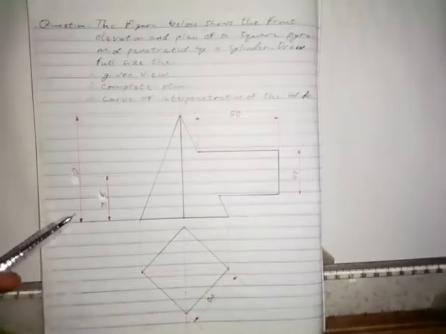Now, the length of side of the square base of the pyramid is 60 millimeters, and the height of the pyramid is 90 millimeters.